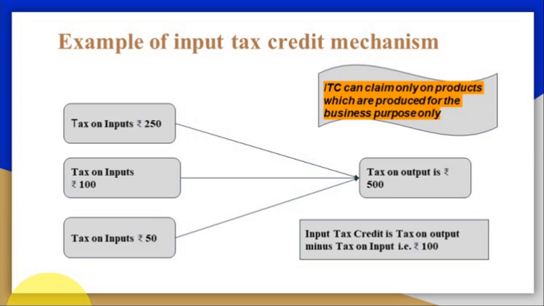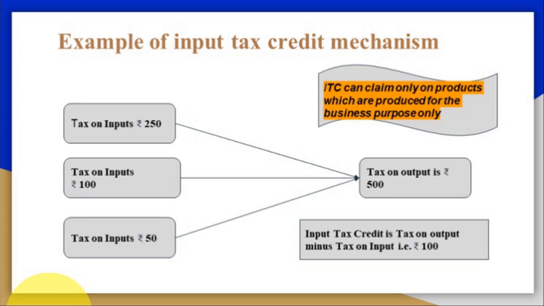Now, in this scenario, what is the input tax credit? The input tax credit is the difference between output tax and input tax. Here, 500 is the output tax claimed by the manufacturer from the consumer, retailer, wholesaler or trader.